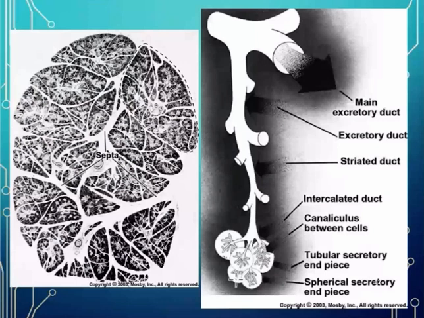serous cells or mucus cells that secrete the saliva, the salivary fluid, and then we have the acini. It is produced inside the lumen.